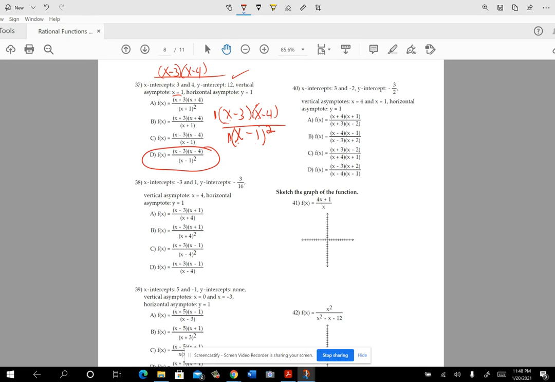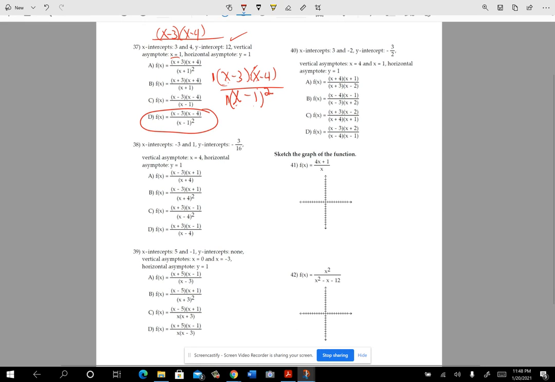So that's what I'm looking for. There it is. Okay, let's try another one. X-intercepts are what cause the numerator to be 0. And so an x-intercept of -3 would correspond to a factor of x plus 3, and a factor of x minus 1. The vertical asymptote being x equals 4 means you're going to have an x minus 4 in the denominator.